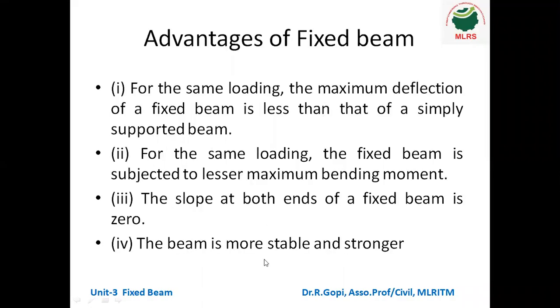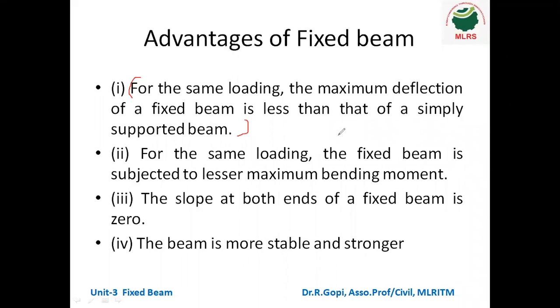So what are the advantages of a fixed beam compared to a simply supported beam? For the same loading, the maximum deflection of a fixed beam is lesser than that of a simply supported beam. This is very important. Suppose you take the same span and same loading, one beam as a fixed beam and another as a simply supported beam.